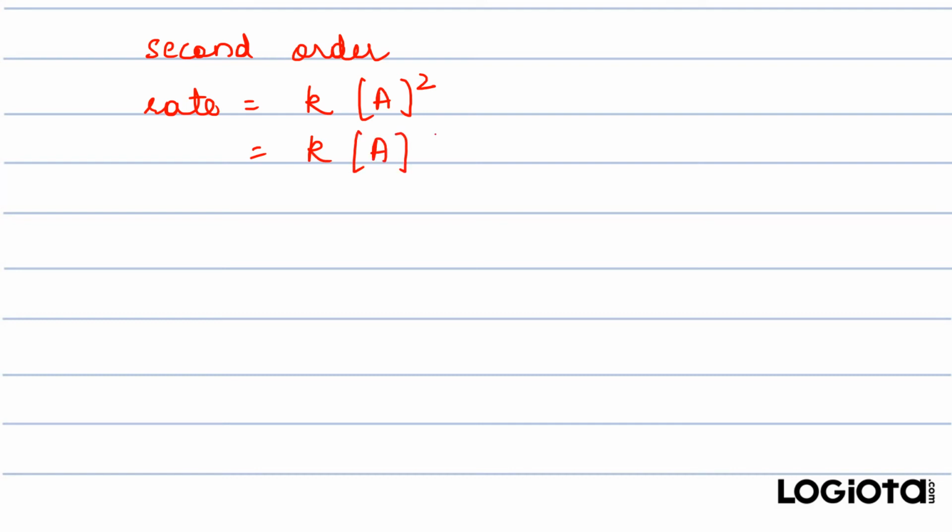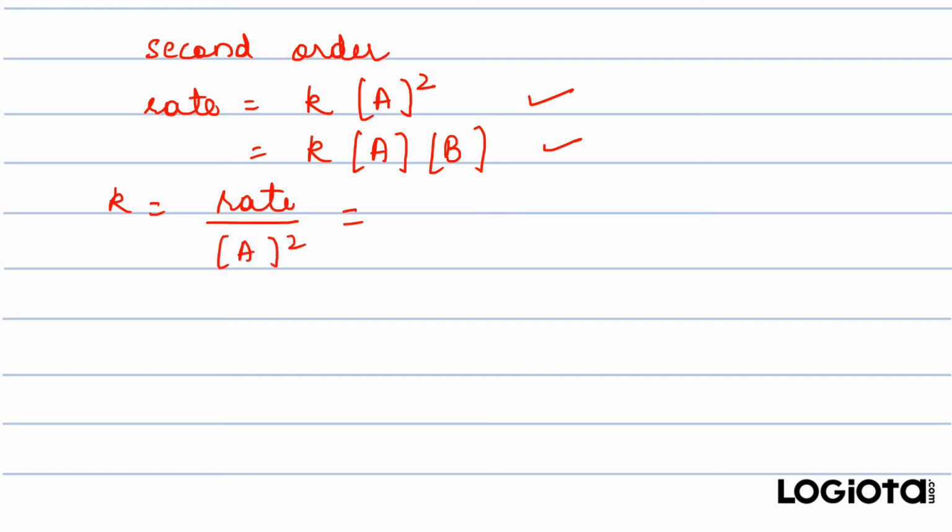For a second order reaction, rate is equal to k A raised to the power 2, or if there is more than one reactant, it can also be written as k A B. For both of these the units will be the same. So k can be written as rate upon A squared.